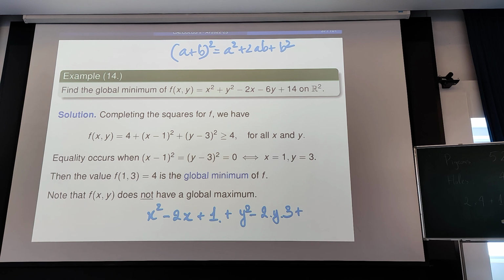So you should add the number 9 here to have a square expression. So now we still have 4 as a remainder. And you can see this one gives you (x minus 1) all squared. This one gives you (y minus 3) all squared, right? And here's the remainder, 4.